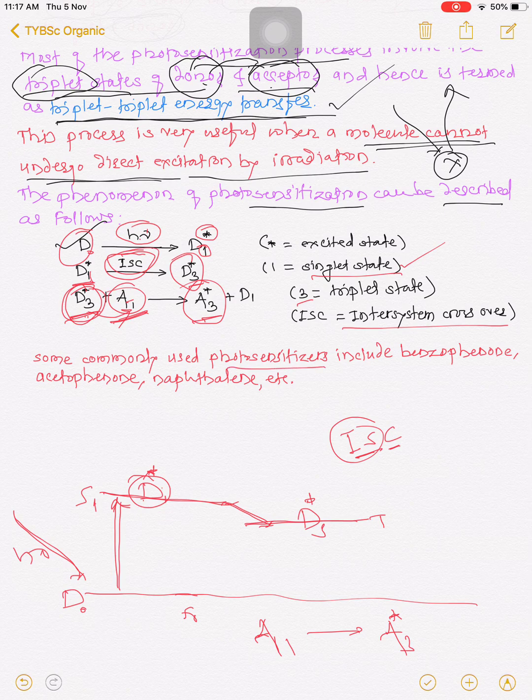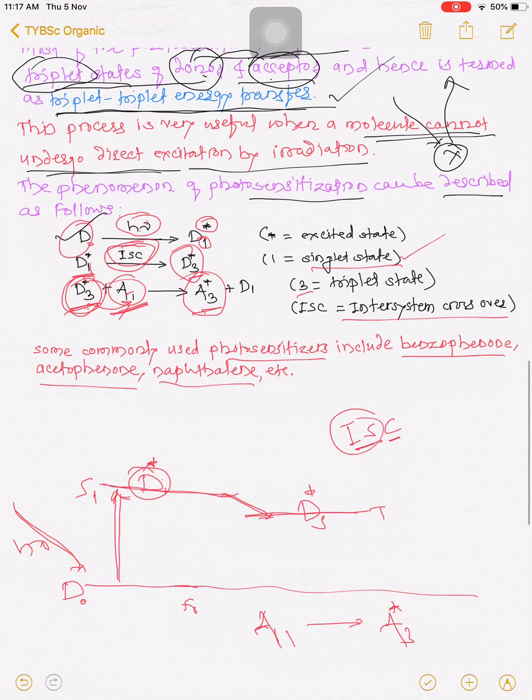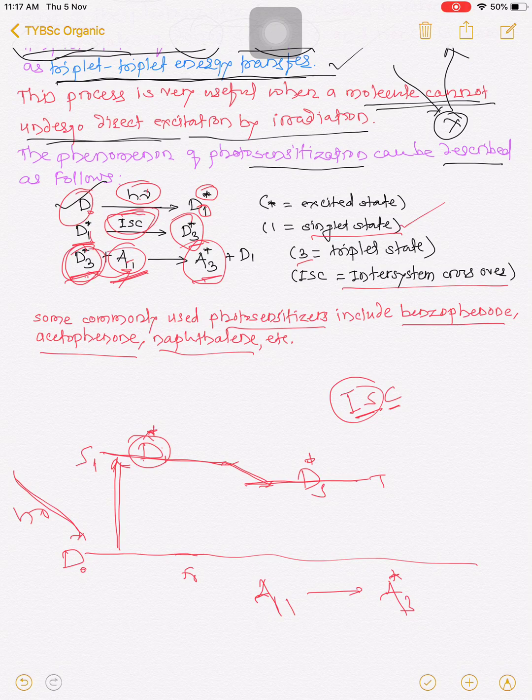Common examples of photosensitizers among organic compounds are benzophenone, acetophenone and naphthalene. These are some examples of photosensitizers involved in reactions, which donate energy to another molecule, those molecules which cannot undergo direct excitation though they are irradiated. So this is the photosensitization point.